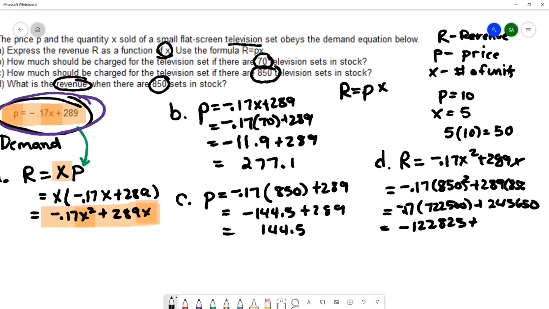And then let's add 245,650. And that gives me 122,825. So we're going to have a revenue of $122,825 if we have 850 televisions in stock.